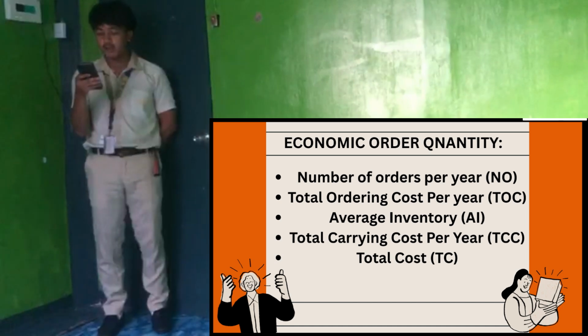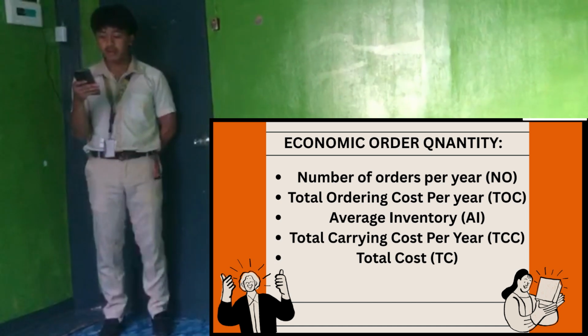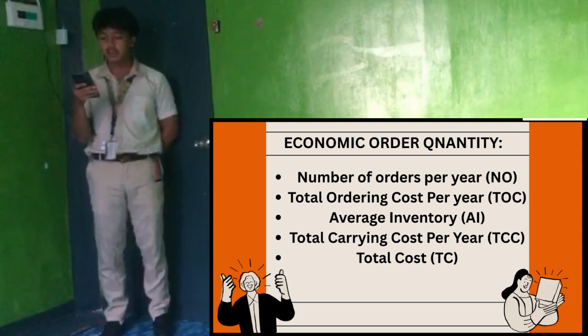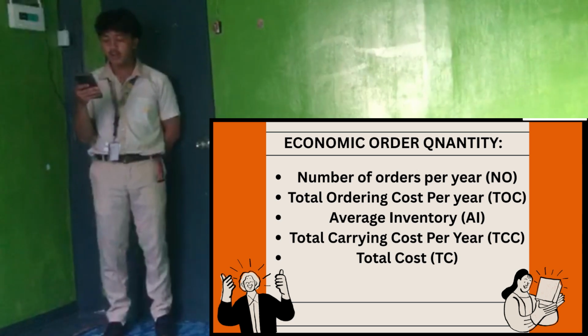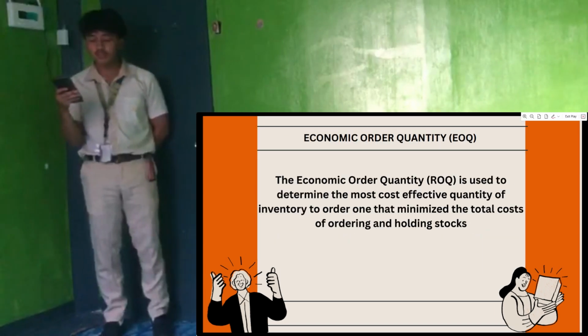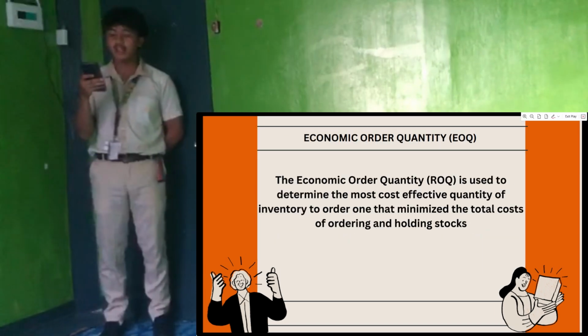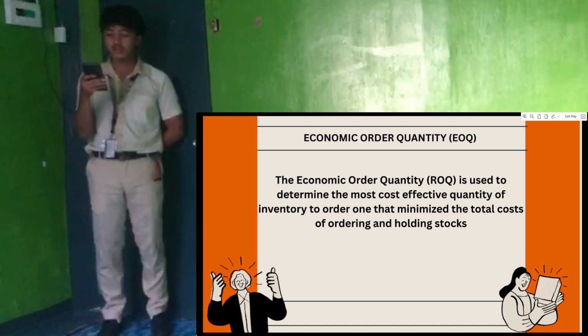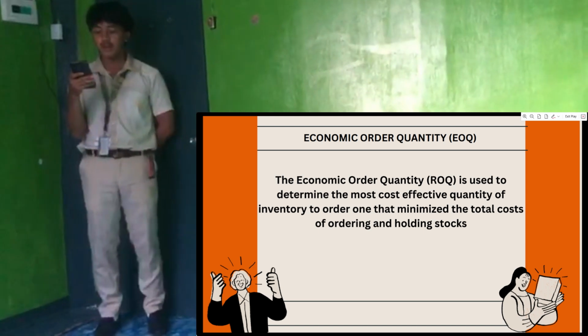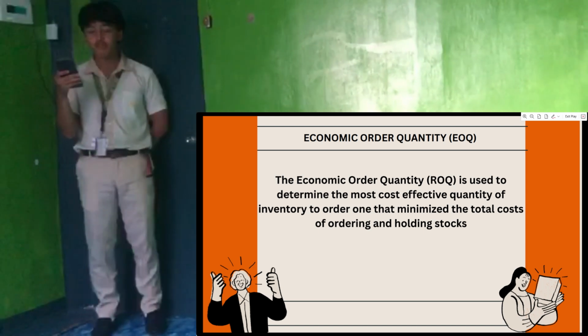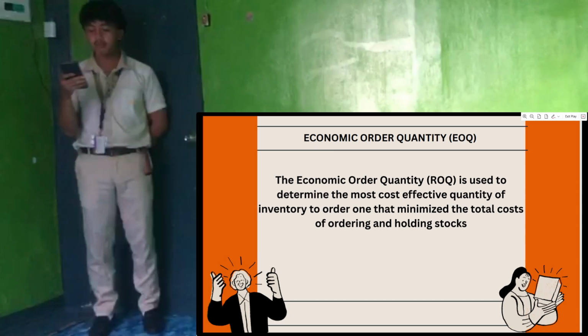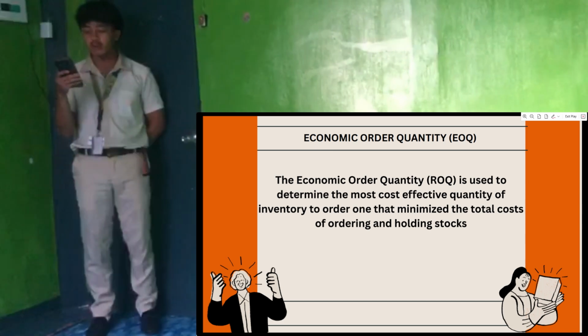We have number of orders per year, total ordering cost per year, average inventory, total carrying cost per year, and the total cost. So first we have to discuss what EOQ is. EOQ is used to determine the most cost-effective quantity of inventory to order, one that minimizes the total cost of ordering and holding.